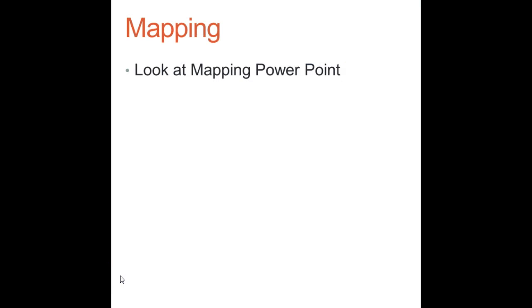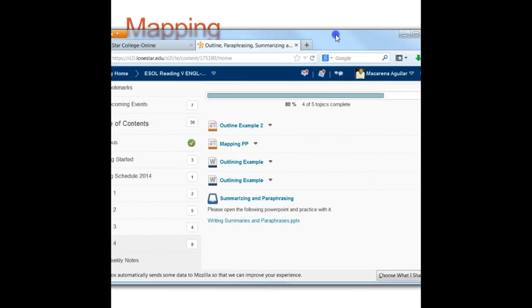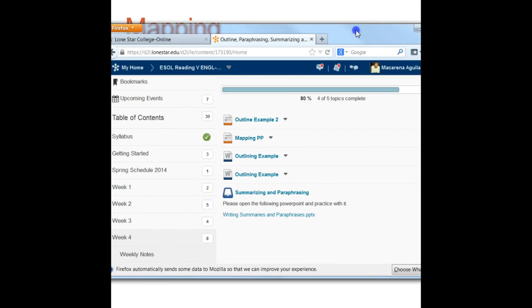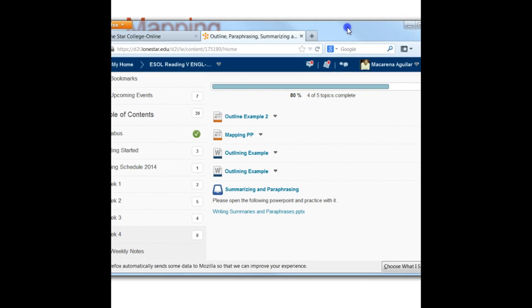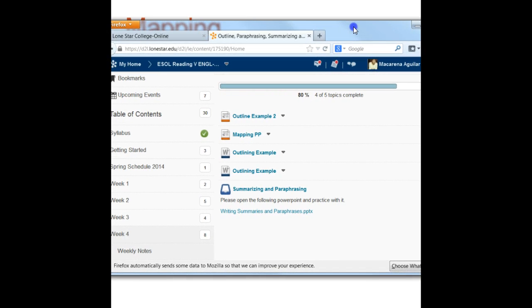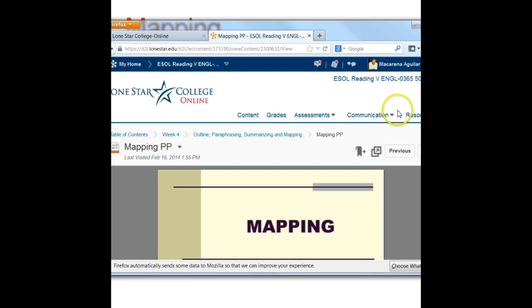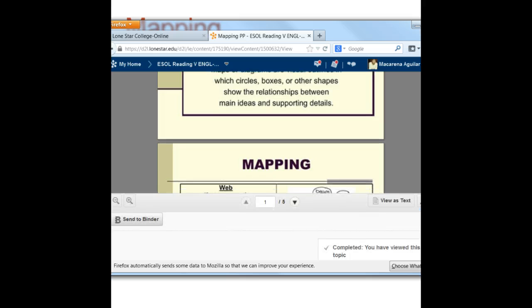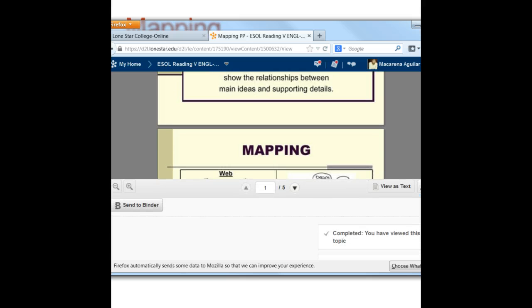The next technique we're going to look at briefly is mapping. If you go here in your D2L, here we have the table of contents, and you have mapping right there. If we open mapping, you are going to see that it's giving you different versions of how to do it.